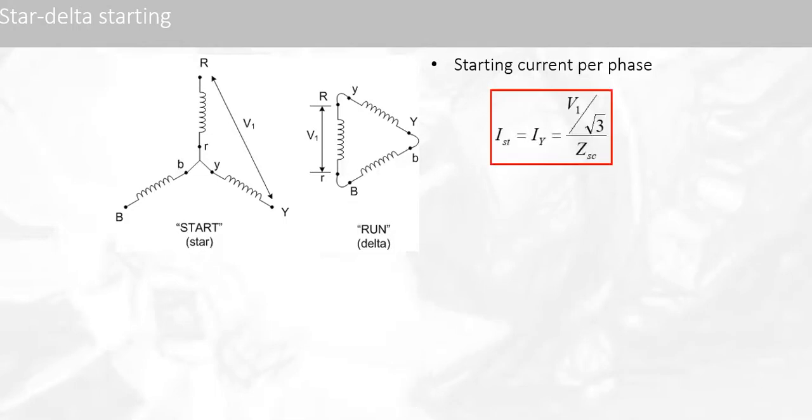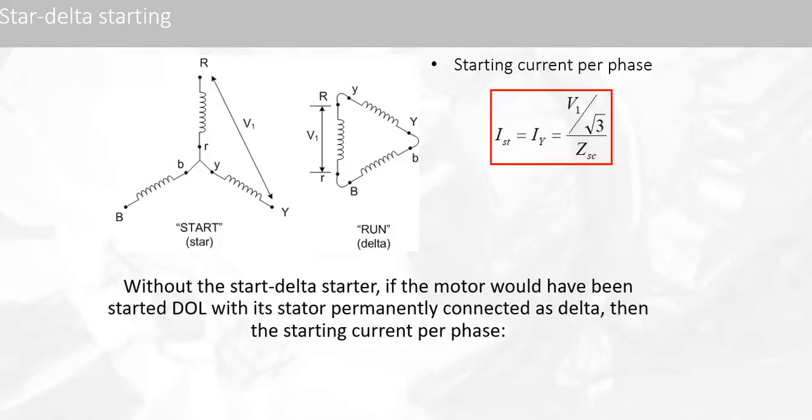So when my motor reaches its rated speed, the changeover switch is activated and the star connection is converted into a delta connection, so that the rated voltage is applied across the three-phase induction motor. So the starting current per phase is given by IST, which is equal to I star, which is equal to V1 divided by root 3 divided by ZSC.